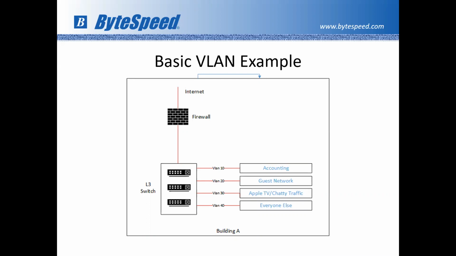So maybe we have an accounting VLAN and we have servers or devices on that accounting VLAN that only people in accounting or management have access to. I can control that by plugging devices into those access ports, or if I'm connecting between different switches, different stacks, I have a trunk port that allows that tagged traffic to go from VLAN 10 across that trunk connection between my 2 switches.